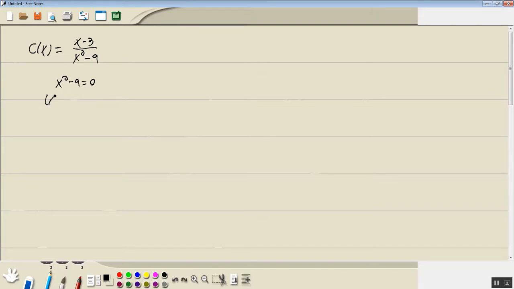Now this factors as x plus 3 times x minus 3, difference of squares. We then set each factor equal to 0. So we got x plus 3 equal to 0, and we got x minus 3 equal to 0. And that gives us negative 3, and that gives us positive 3. Now these are the values we cannot have. These, if we plug them back into our original problem, cause the denominator to equal 0. So x cannot equal negative 3, and it cannot equal 3.